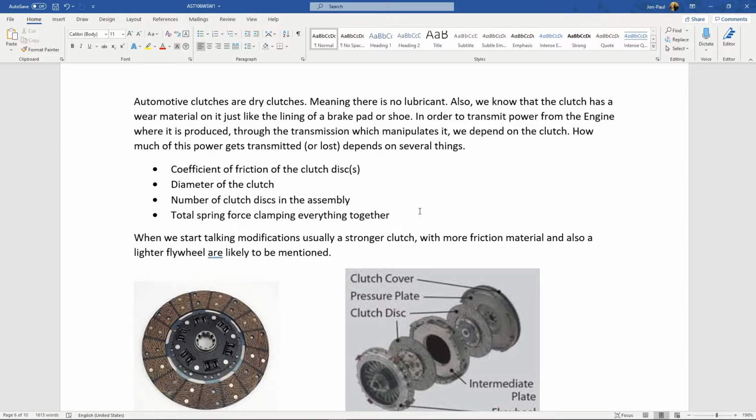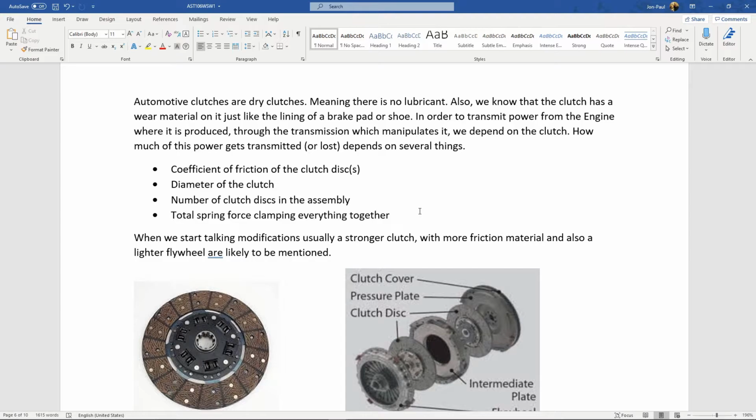Well, it's going to be quiet. It should last a super long time. It should be cheap to make. It will probably not handle a whole lot of horsepower. It will probably weigh a lot. It will probably be very easy to engage and disengage.